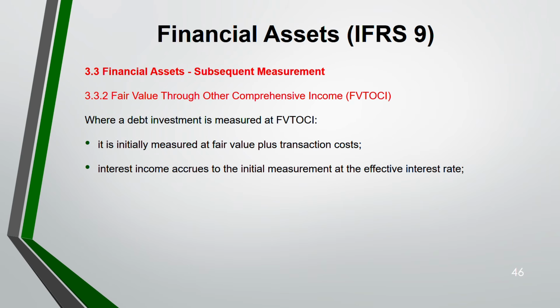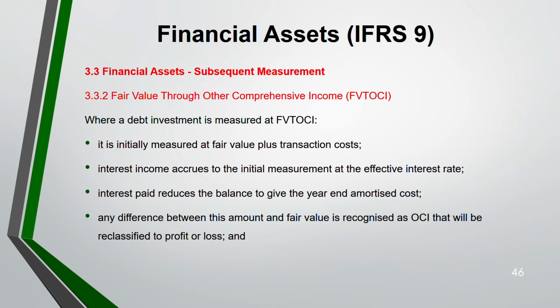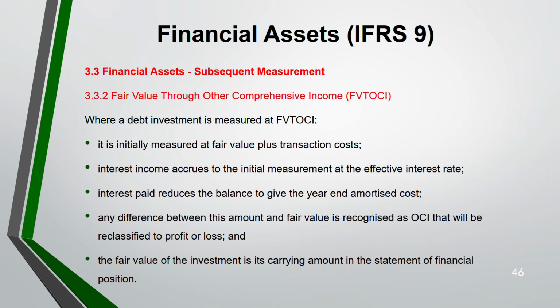That is your interest income, and interest paid will reduce the balance to get your year-end balance. Now, any difference between this year-end and the fair value will go to OCI. But later it can be reclassified to profit and loss from OCI because it's debt, and the fair value of the investment will be the carrying amount in your statement of financial position.